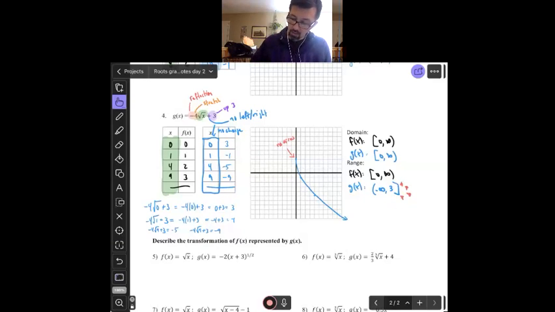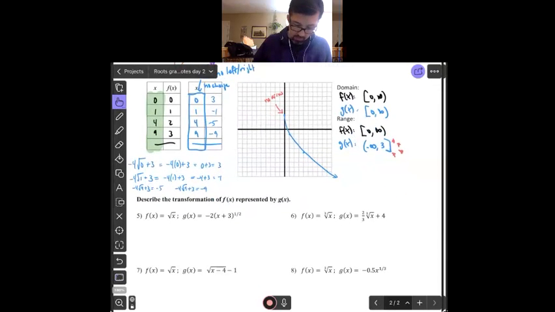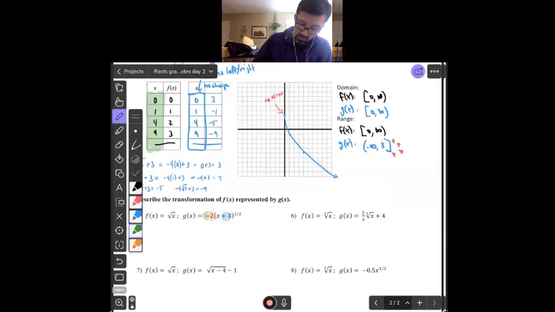I know we're pretty much out of time, but we've been talking about this the whole period, so this really shouldn't be a big deal. What's that negative do? What's the 2 do? What's the 3 do? When you are doing this, it's just reflection over the x-axis.